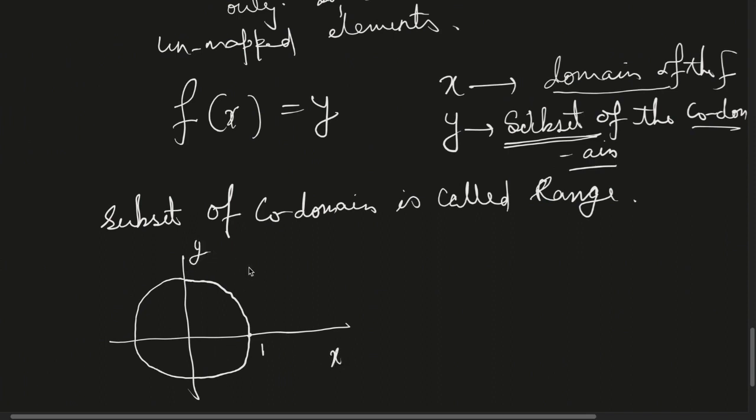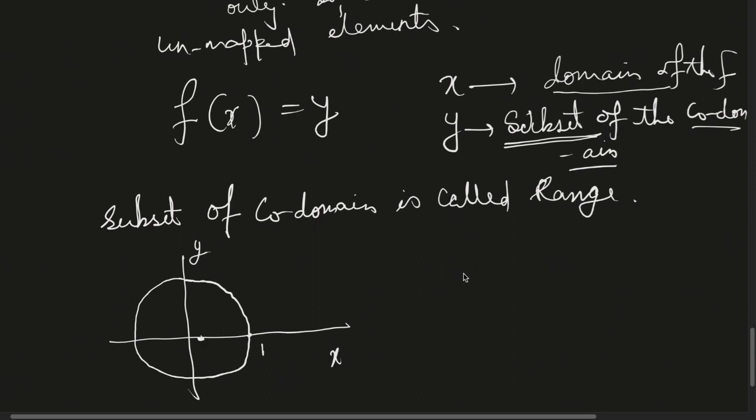Now the question is whether this circle denotes a function or not. So let us see. Every x should be mapped with an element in the codomain, and y is a subset of the codomain.